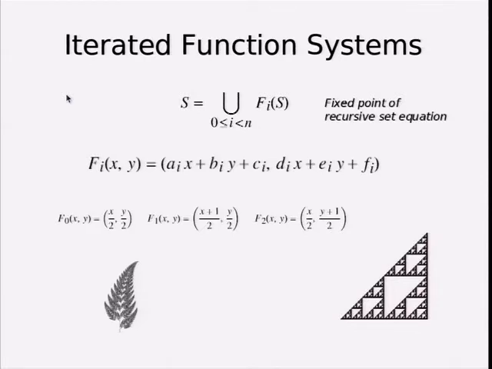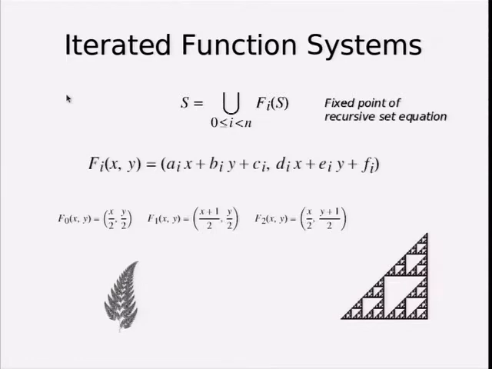These are things called iterated function systems, a standard textbook kind of fractal that's been around since the 80s, and these are the kind of images they produce. The one on the right is called Sierpinski's gasket, and the one on the left is Barnsley's fern. It looks like a fern.